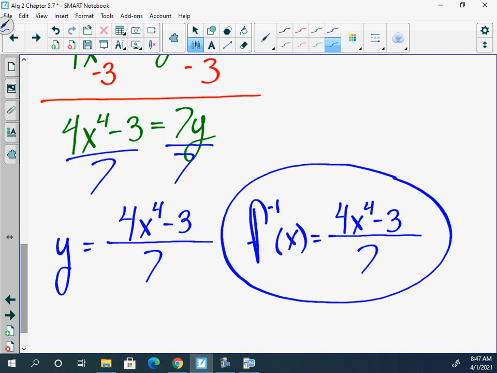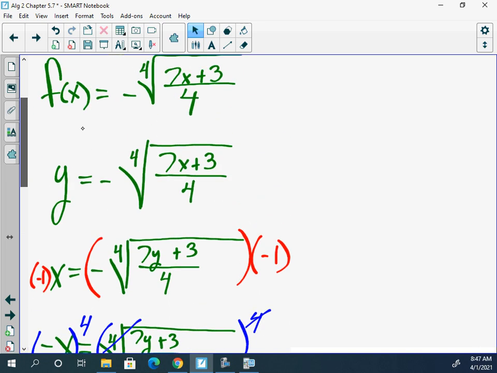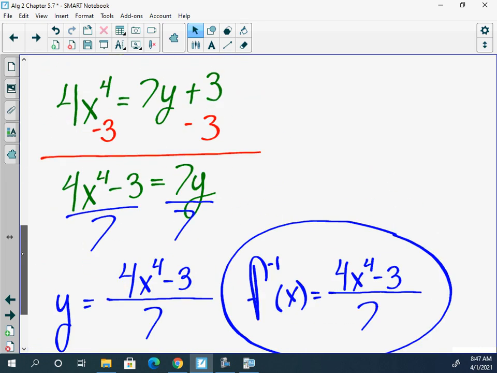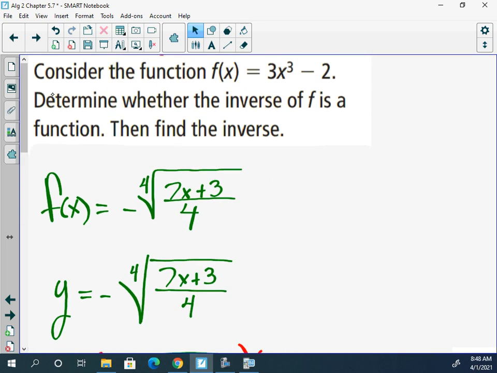Now, there are restrictions we could look into, if we wanted to see what they were. I'm not going to worry too much about that side of things and how we'd go about finding them. And I'm not going to make you find them. Because what we'd really be doing is looking back at the original starting function and saying, what is the smallest value of x that I can plug in here and not get a negative number?